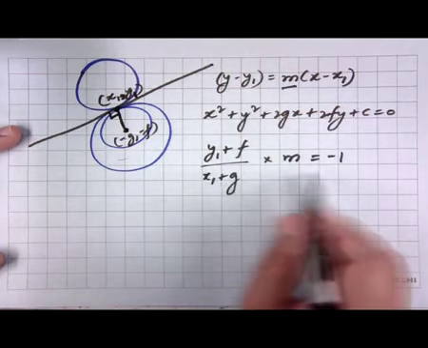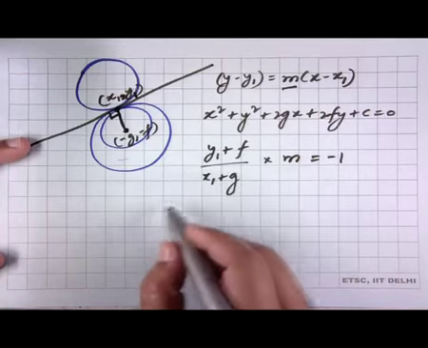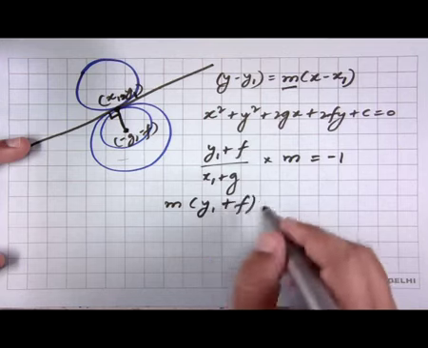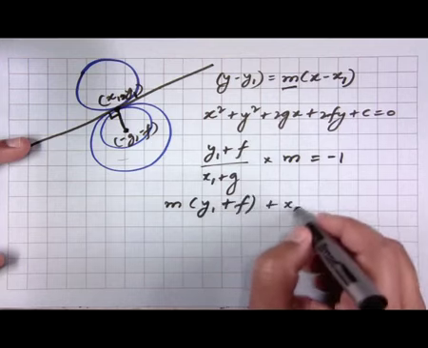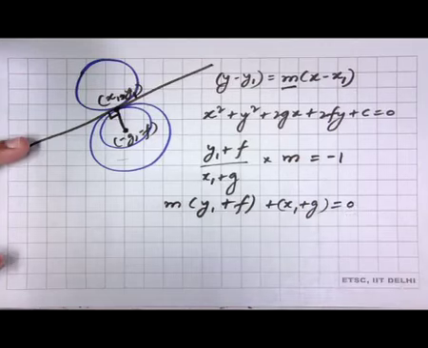And therefore, from here what we end up getting is that m times y1 plus f plus x1 plus g equals 0.